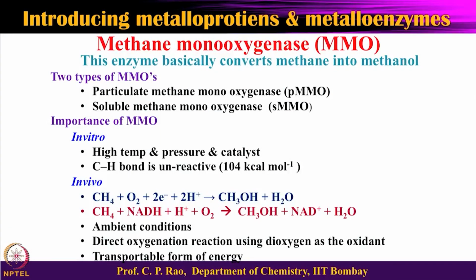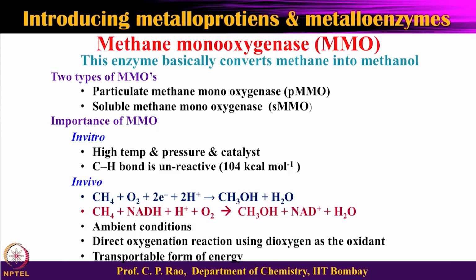Yes, one can do, but you require very high temperature, pressures, catalysts, many things are required. Without catalyst, pressure, temperature it is not that simple, but the enzyme methane monooxygenase quite nicely does it at ambient conditions, at room temperature, without using any high temperature or high pressure.